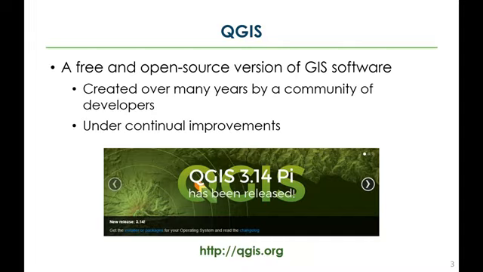So QGIS is a free and open source version of GIS software, and it's been created over many years by a community of developers, and it's under continual improvement. There are new versions of QGIS released generally every few months, and you can download beta versions as well as established versions.